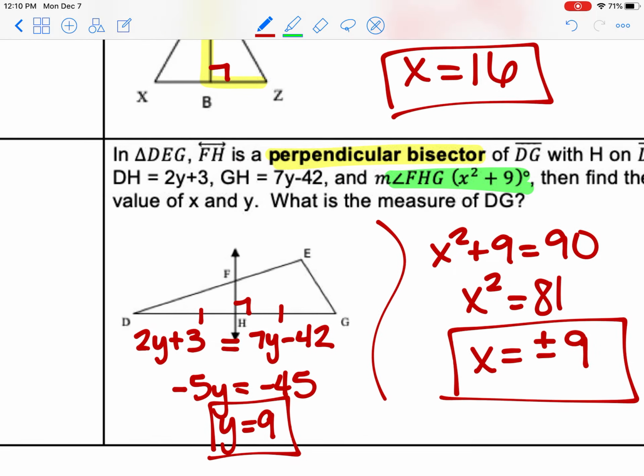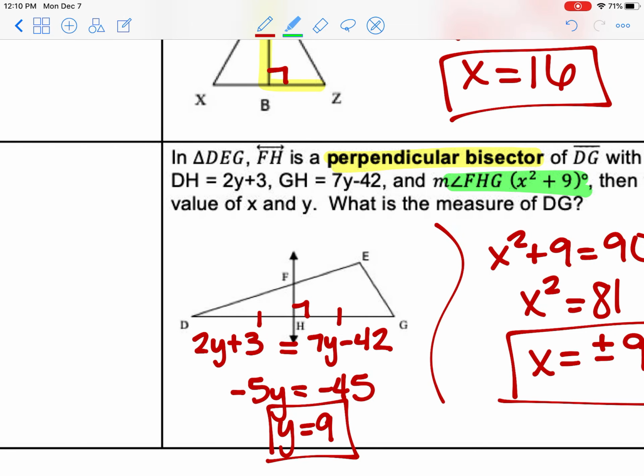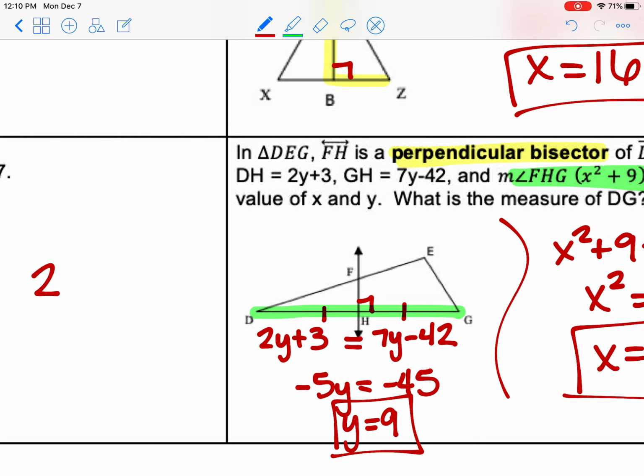Okay, so we found the value of x, we found the value of y, and then they want us to find the measure of DG. So DG would be this line here in green. So we would need to plug it in and double it, or we can plug it into both and check it. It's kind of up to you at that point. So if we said 2 times 9 plus 3, so 2 times 9 is 18, plus 3 is 21.